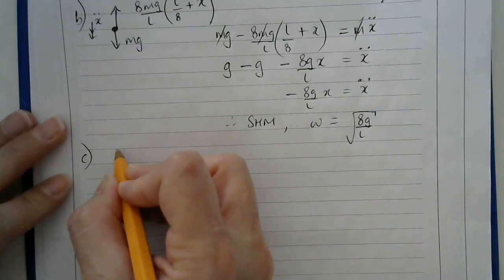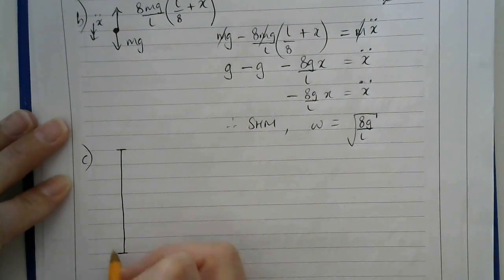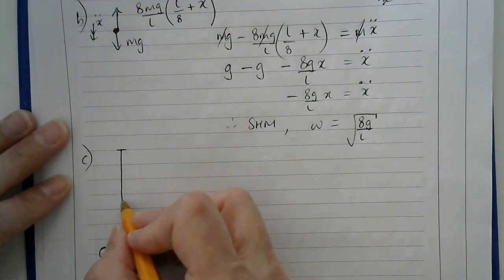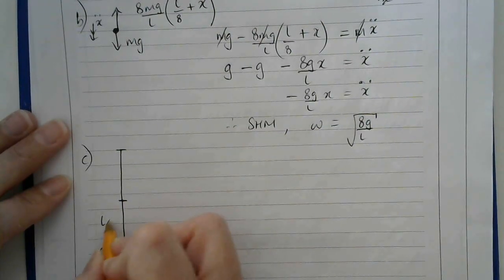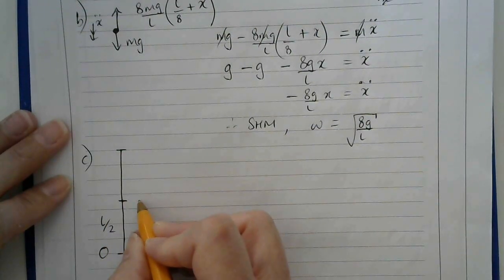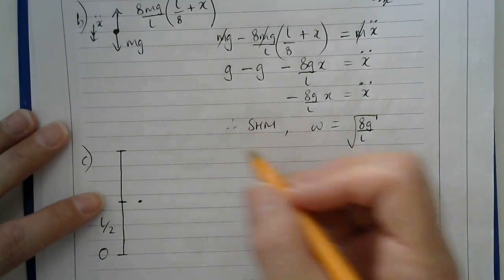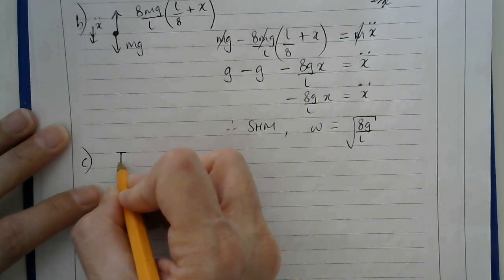So the top of the tube is here. The bottom of the tube is here, and that position was called O. It was initially compressed to half of L, so it began here. I know that e was L over 8, so let's pop that in there.